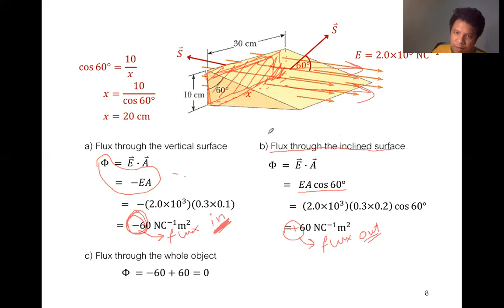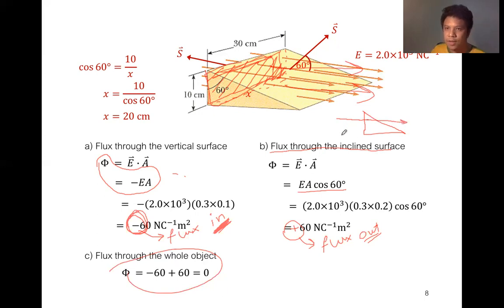And then finally, we can show that the flux through the whole object is zero, because if we look at this problem from sideways, the electric field lines come in through the vertical surface and come out from the inclined surface.